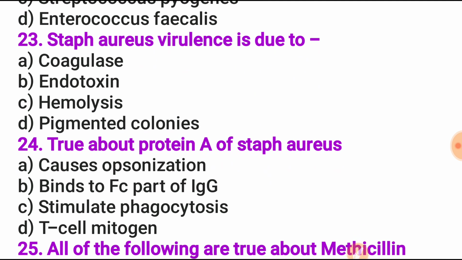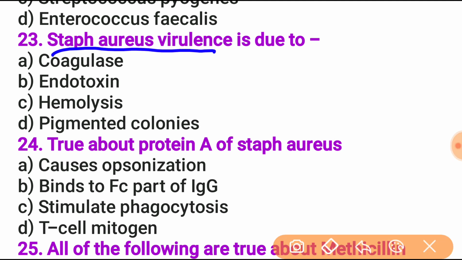Next is Staph aureus. Virulence is due to coagulase, endotoxin, hemolysis, and pigmented colonies. I already told that the Staph aureus virulence is due to coagulase and, to a lesser extent, mannitol fermentation.